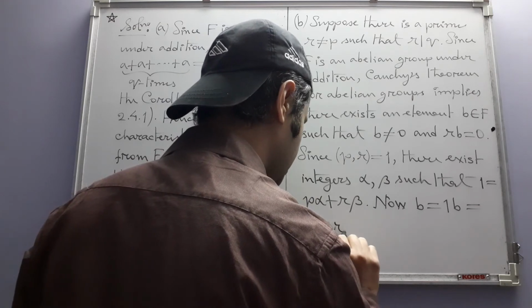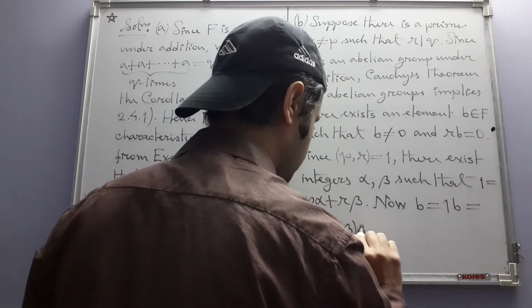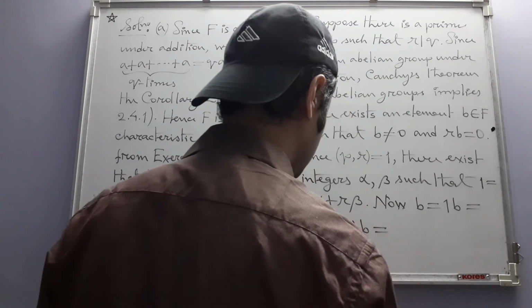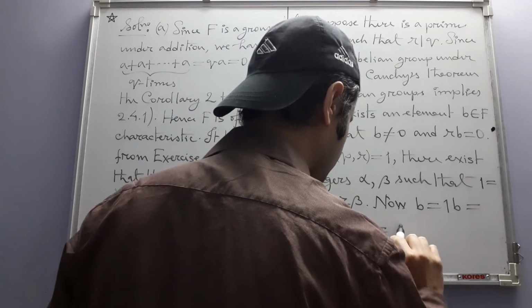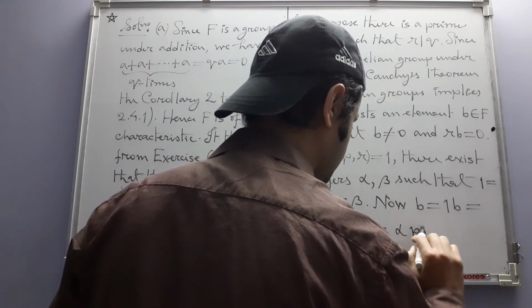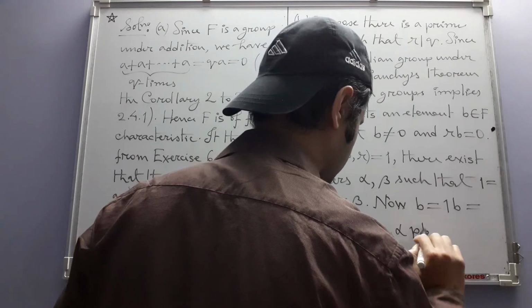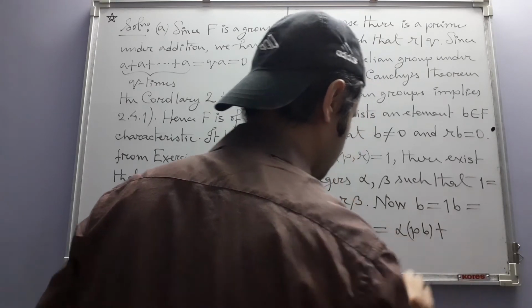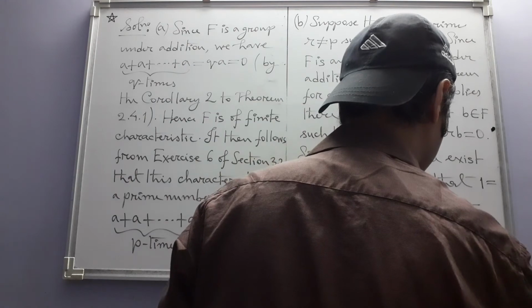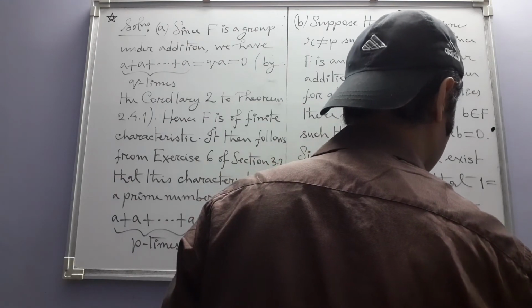(P alpha plus R beta) B, this is equal to alpha times PB plus beta times RB.